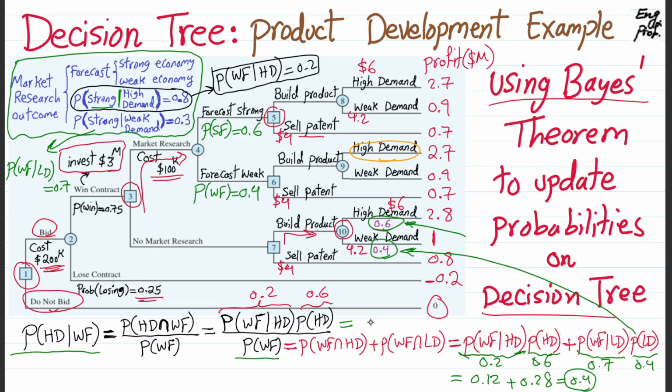because it effectively is 0.2 times 0.6 in the numerator, so 0.12, and the denominator we just found is 0.4. So it's 12 over 40, and therefore it is just 0.3.